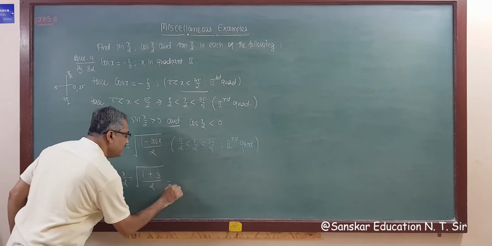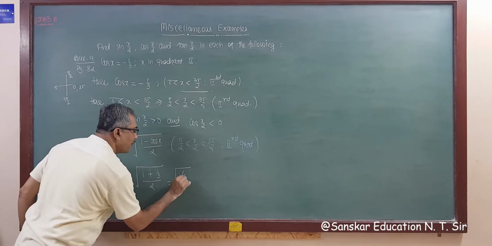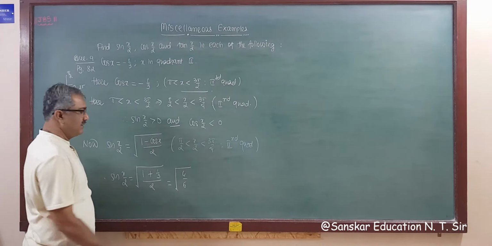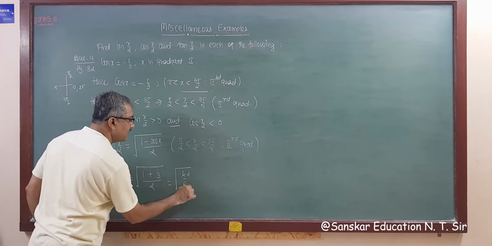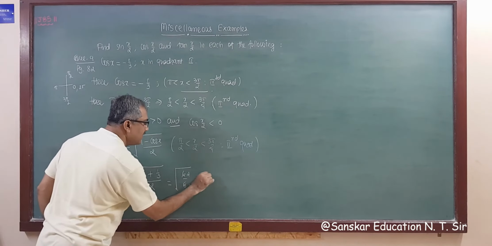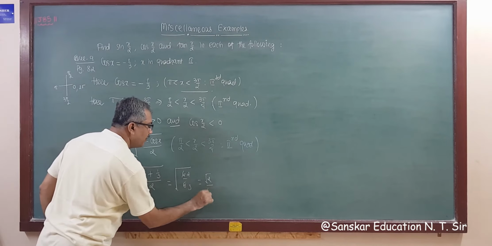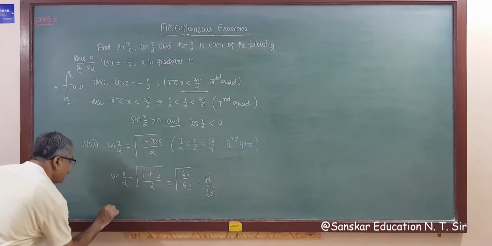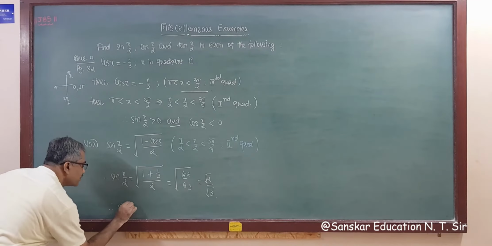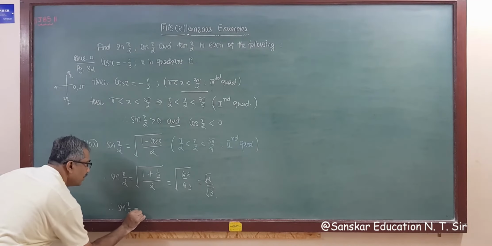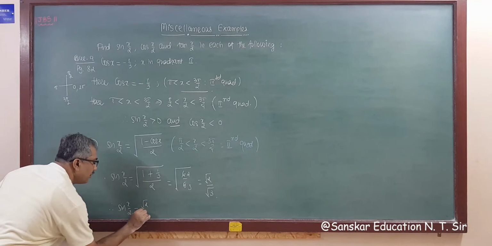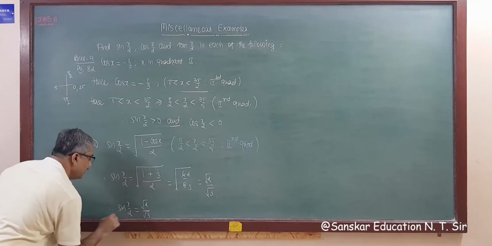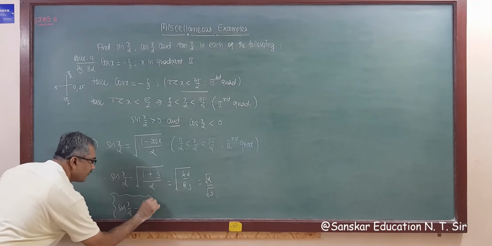So the answer will be square root of 4 by 6, that is 2 by 3. So the answer is root 2 upon root 3. So the answer of sine x by 2 is equal to root 2 upon root 3. So this is your answer.